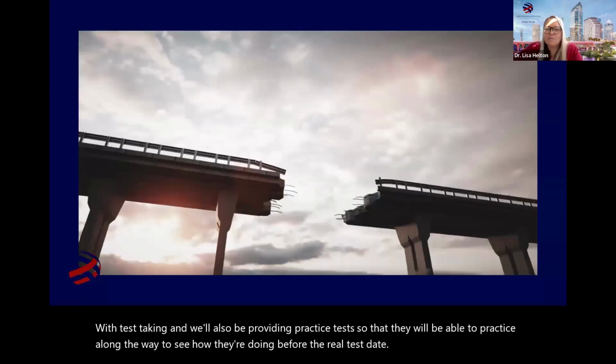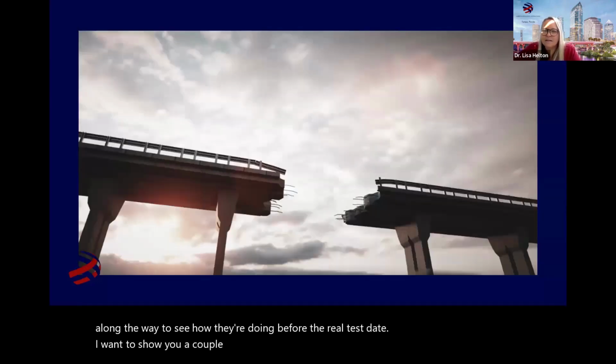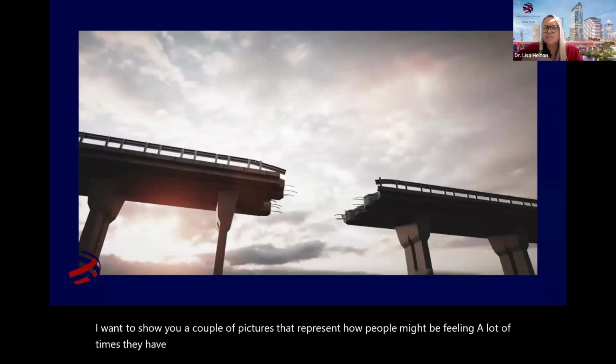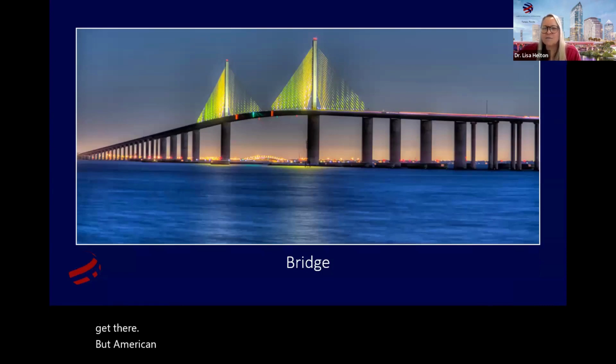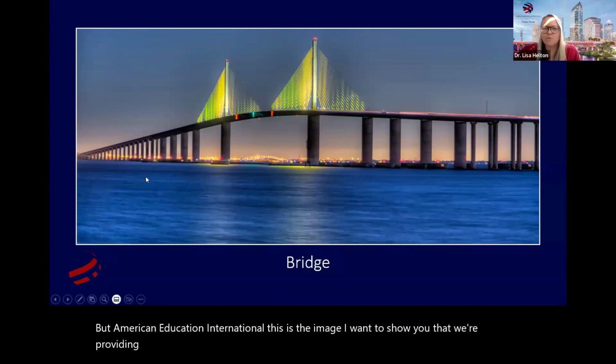Now, I want to show you a couple of pictures that represent how people might be feeling. A lot of times you see a pathway, but it's broken and you don't have a way to get there. But American Education International, this is the image I want to show you that we're providing, is a complete bridge, a way to begin and go through your goals.